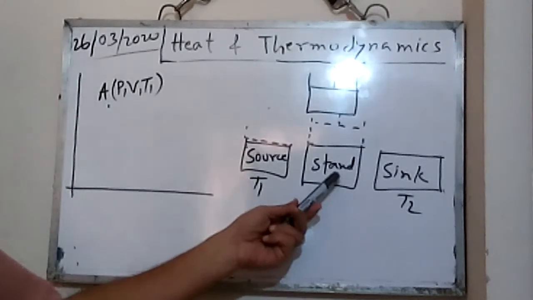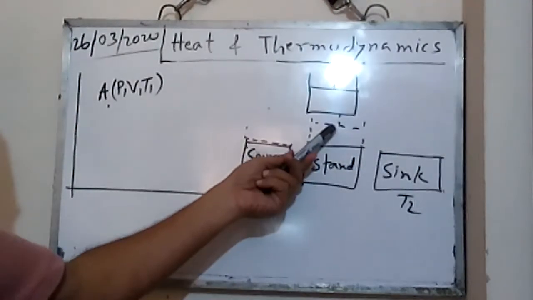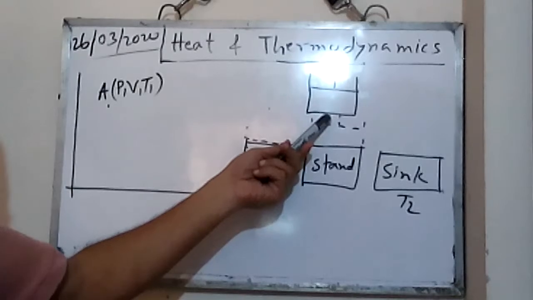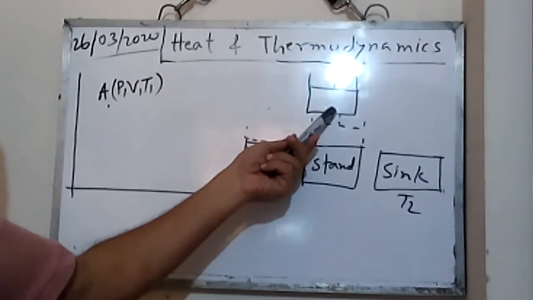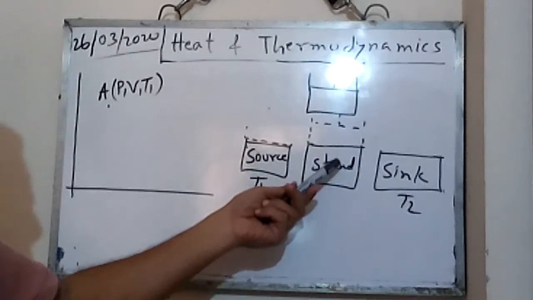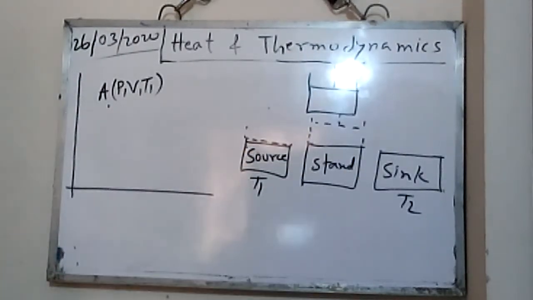This is the non-conducting stand. For this reason, this cylinder will not get heat energy from the system, or this system will not give heat energy to the stand. Heat is not flowing in any direction.